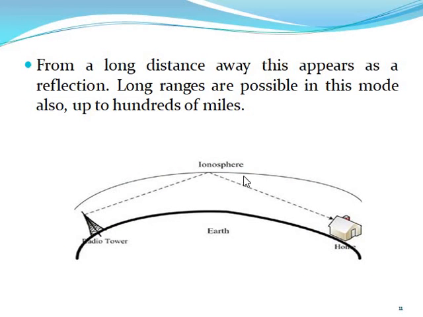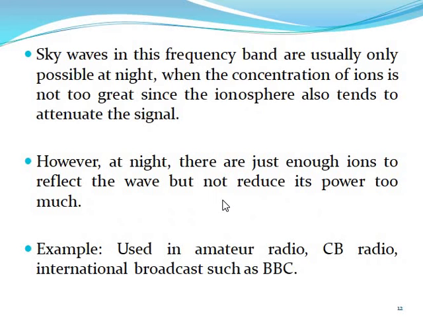The signal goes directly to the ionosphere, and then the signal is reflected to the particular earth receiver. So not the same as a ground wave, but the signal travels directly to the ionosphere, and the ionosphere directly reflects this signal to the earth. This signal range is very high compared to the ground wave.